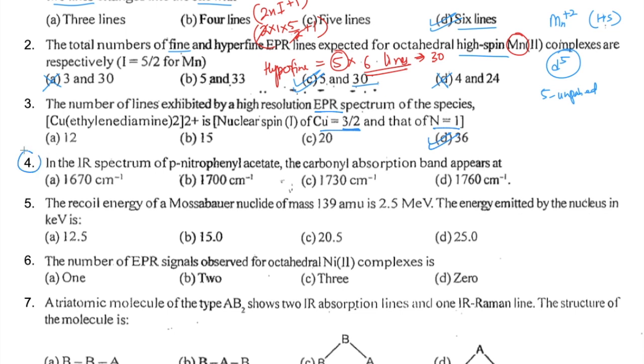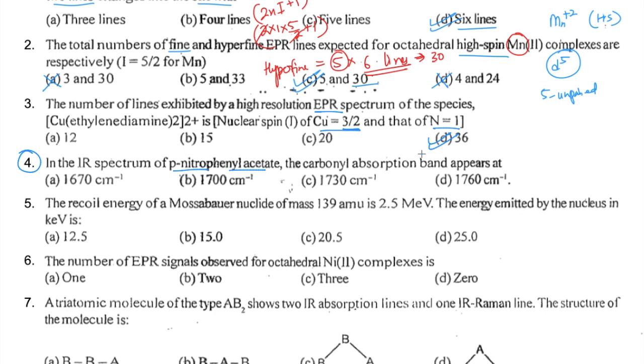Talking about the next question, which says that in the IR spectrum of para-nitrophenyl acetate, the carbonyl absorption band appears at. So where does your carbonyl absorption band appear? In order to answer this question, you need to understand how para-nitrophenyl acetate looks.